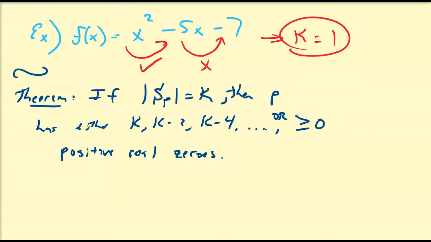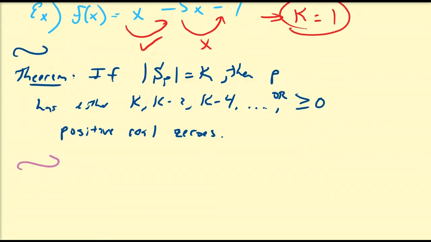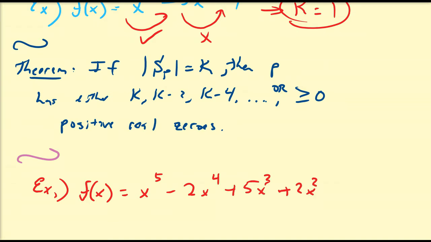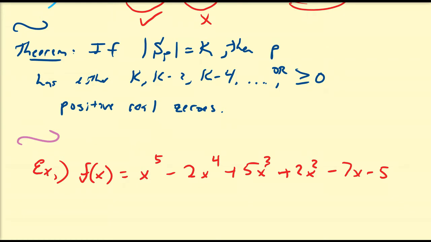Alright, so let's do an example of this analysis. Example 1: let us assume we have f of x equals x to the 5th minus 2x to the 4th plus 5x cubed plus 2x squared minus 7x minus 5. Let's look at how many sign changes we have here.